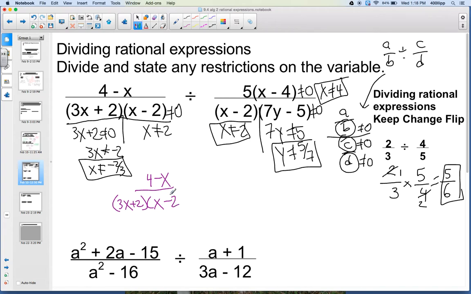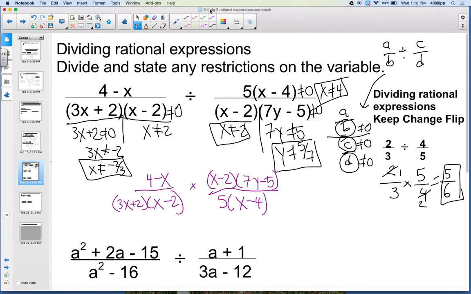And when I'm dividing, I'm now going to multiply by the reciprocal. So now I have x minus 2 times 7y minus 5 in the numerator. And then this is in the denominator, 5 times x minus 4.